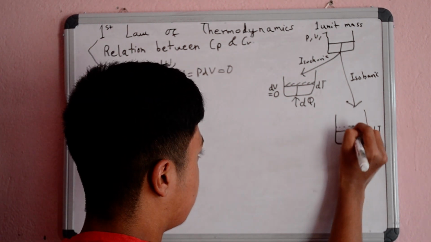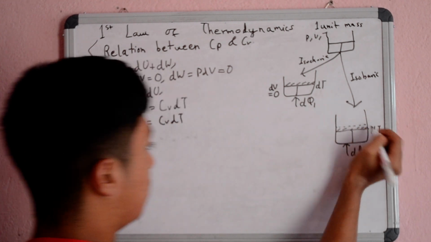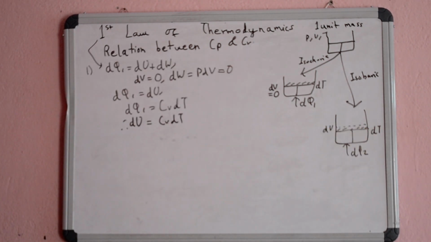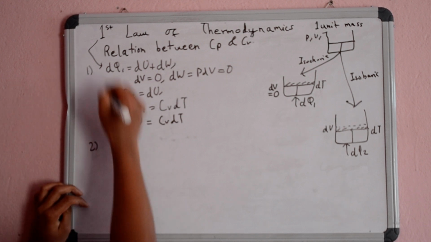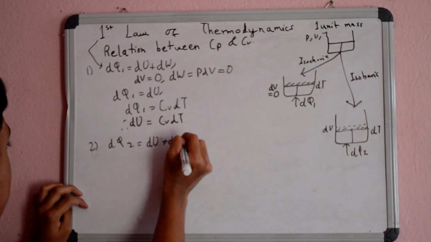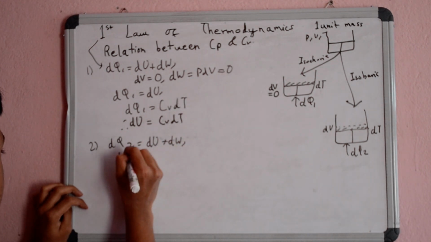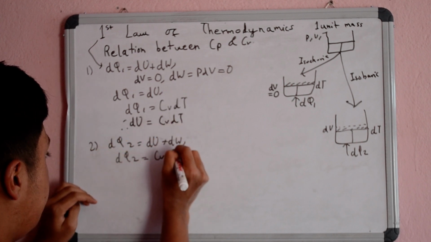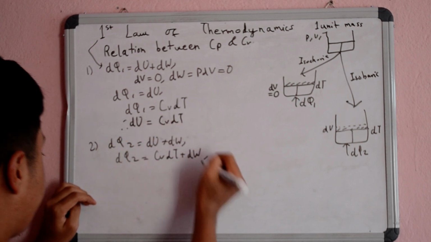For this process there is some change in volume, which is dv. Here in the second one, again we have dq2 equals du plus dw, so dq2 equals Cv dT plus dw.